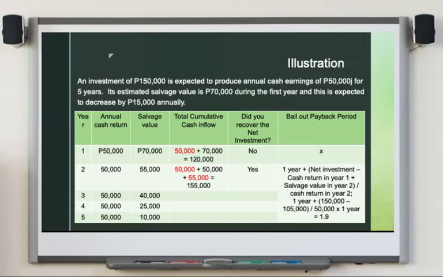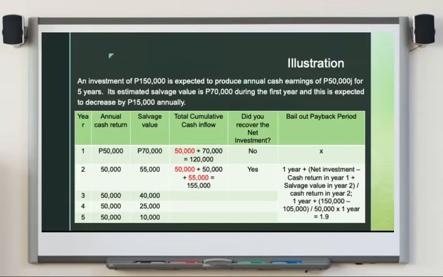That will give us 100,000 to be recovered for the second year. Now, we will first deduct the salvage value from the remaining 100,000 initial investment that needs to be recovered, and not the annual cash return of 50,000.